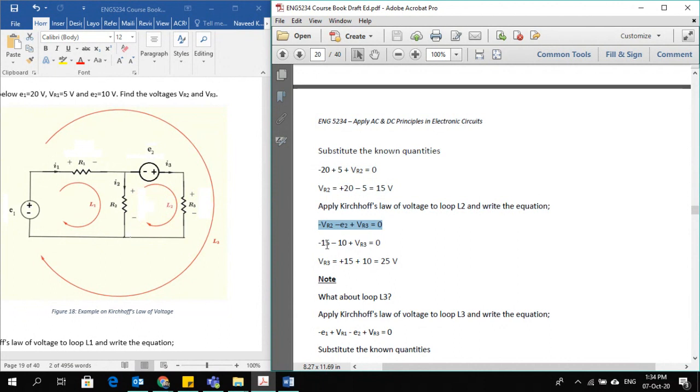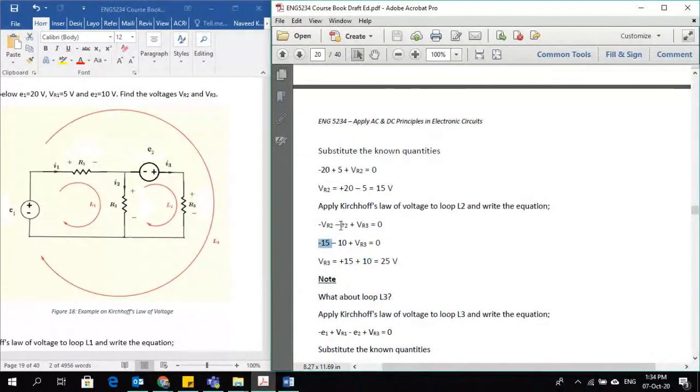Now I have to simply put in the values. So VR2 is 15 volts. I put 15 here. Don't forget to put the negative sign, because according to this rule, when I followed the path, this VR2 is negative.